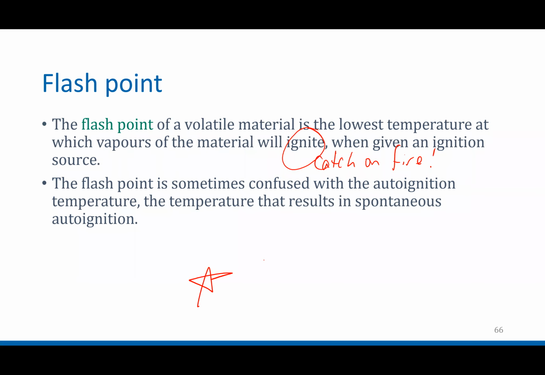This is very important for safety, right? Because if you have volatile hydrocarbons that are above their flash point, that means if there's an electrical spark, or somebody lights a match or a lighter, it can ignite and cause an explosion or fire.